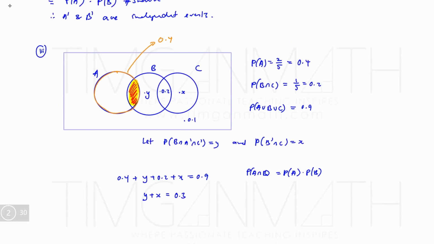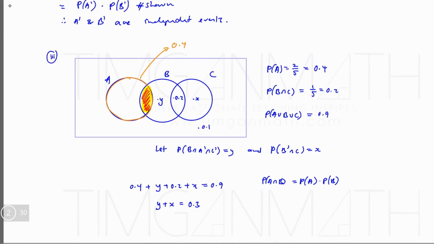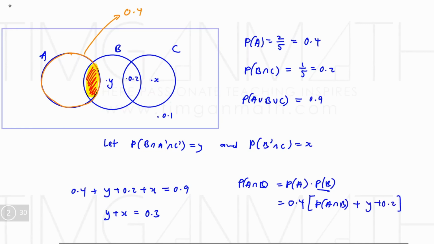So here, PA intersect B will just be, A is what? A is 0.4. PB is just PA intersect B plus Y plus 0.2. That is PA intersect B. Oh, there you go. I got my answer already.